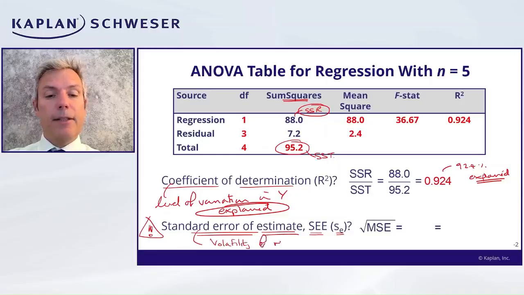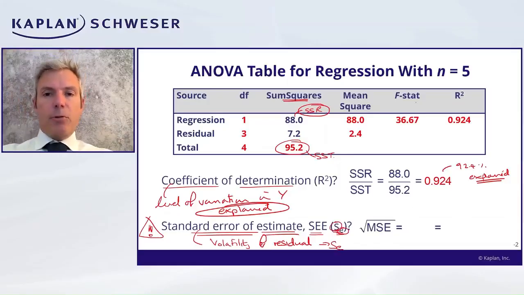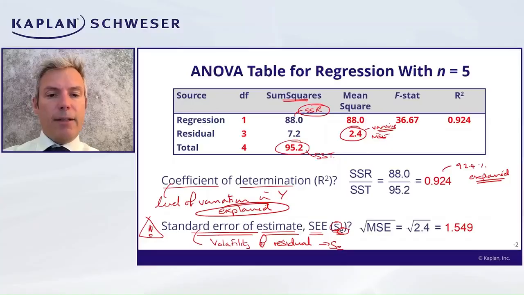So we're looking here at our standard deviation S of the residual term, SE. It's also called standard error of the estimate. Of course, if this here is a proxy for variance of the error term, then take the square root of that, MSE, and you'll get back to an estimate of the volatility or the standard deviation of the residual.